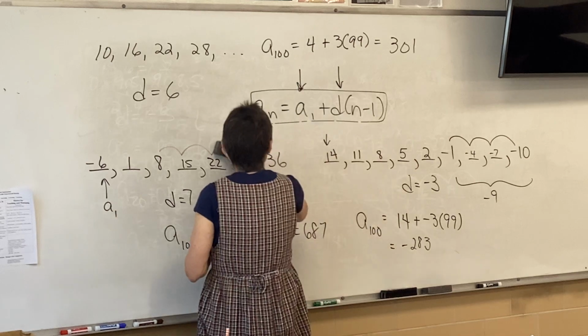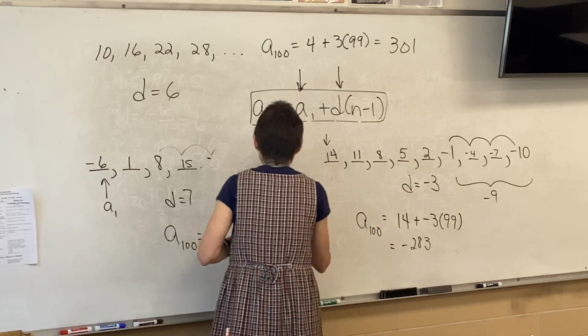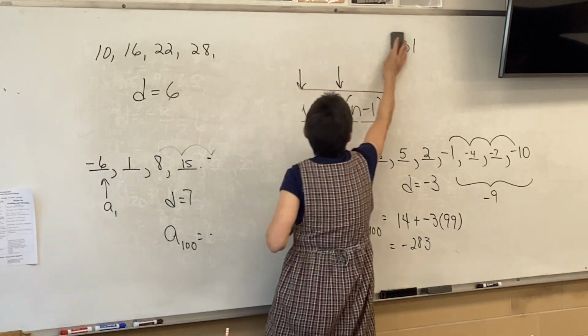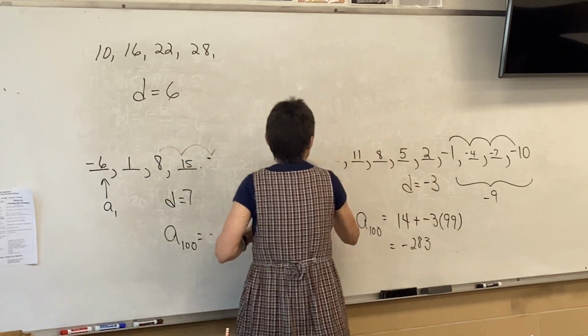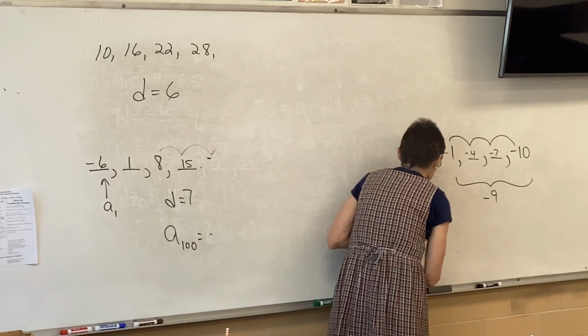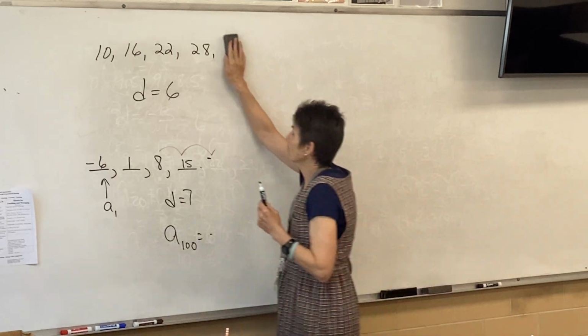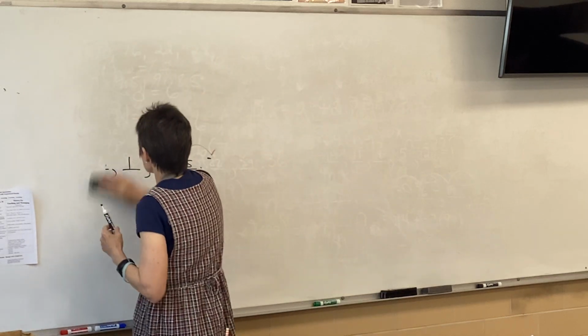Now, for our geometric sequences, guys, we will not be using this formula, so I'm going to erase that formula. Who can tell me, because you wrote it down in your notes, what's the formula for a geometric sequence?